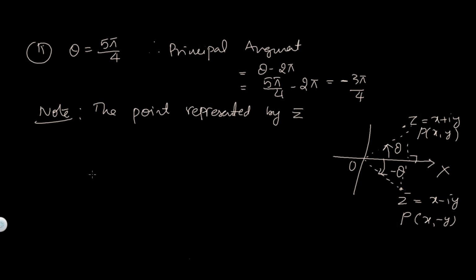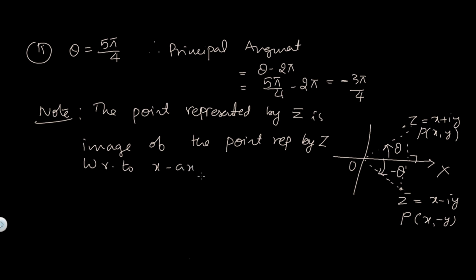That's why we can write that the point represented by z bar is the image of the point represented by z with respect to the x-axis.